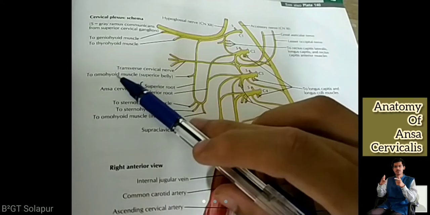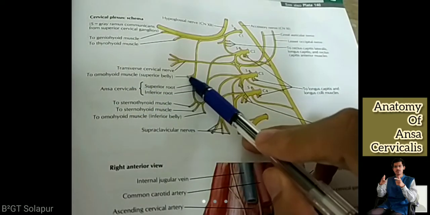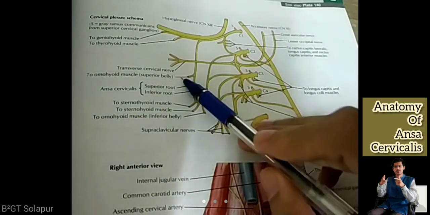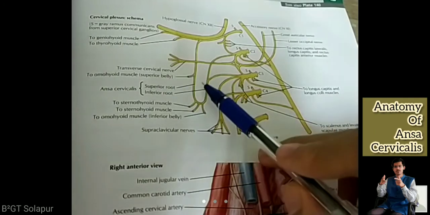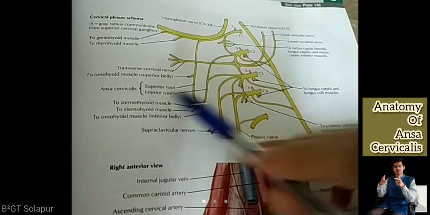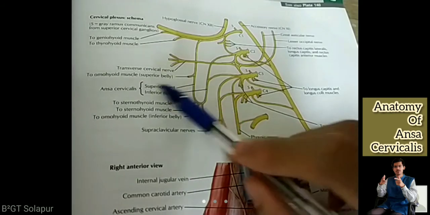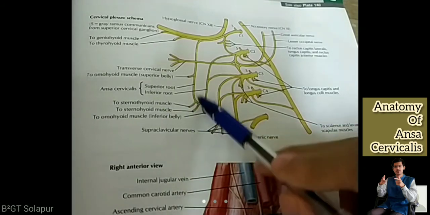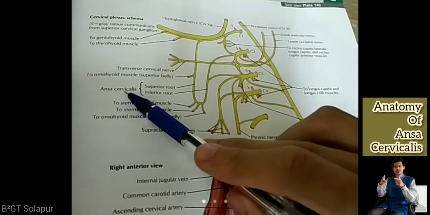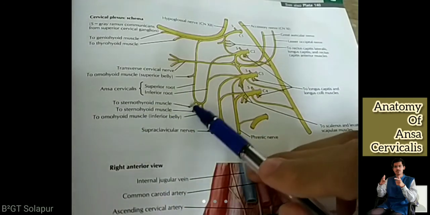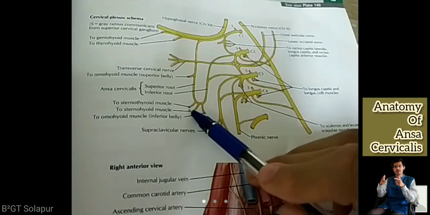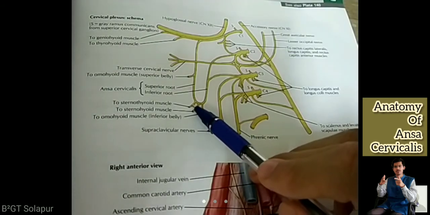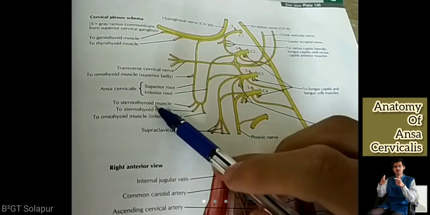So the superior belly of omohyoid muscle is supplied by the nerve coming from the superior root of the ansa cervicalis. Can you see this? This is the superior root, this is the inferior root, and this is the ansa cervicalis proper. So this completely forms the ansa cervicalis. Now the ansa cervicalis proper gives branches to sternothyroid, that is, the muscle extending from the sternum to the thyroid cartilage, the sternothyroid muscle.